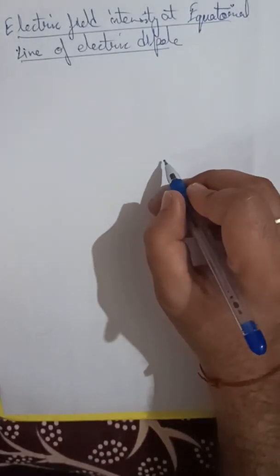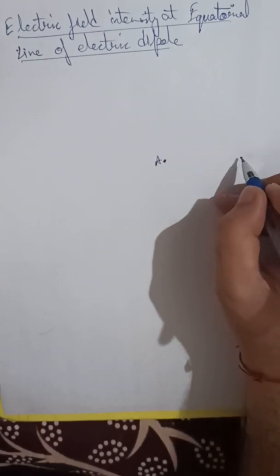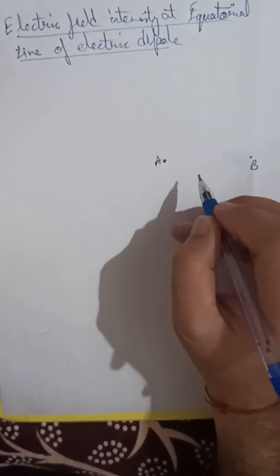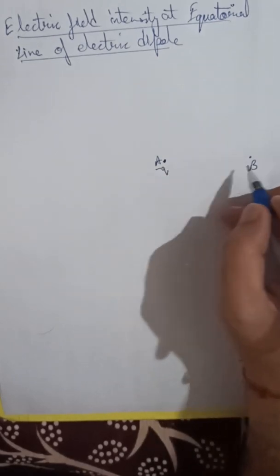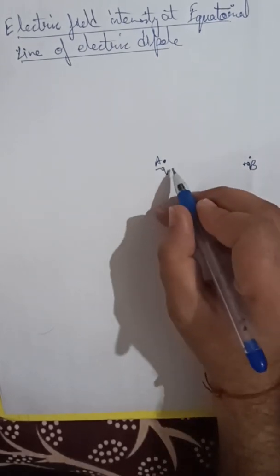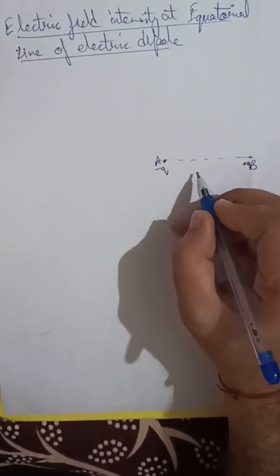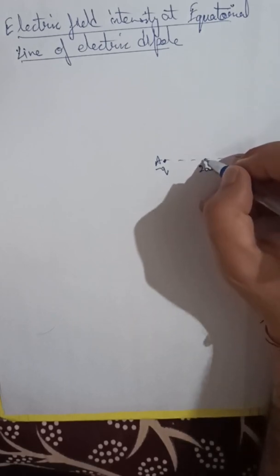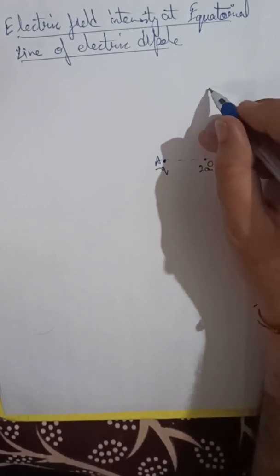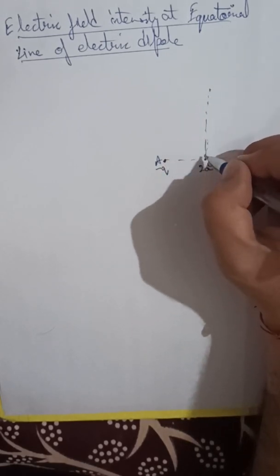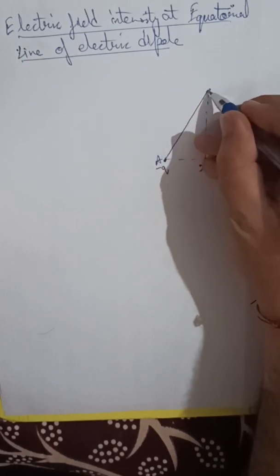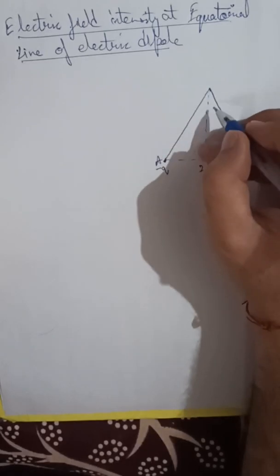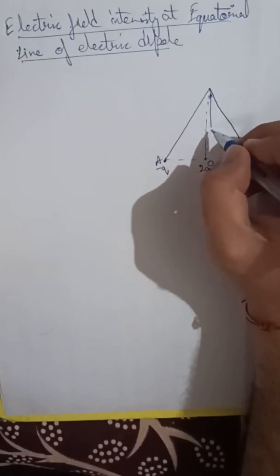So let there be two points A and B having minus q charge and plus q charge separated by a small distance, say twice of A, having center O, and from the center having equal distance from A and B, at a distance r.